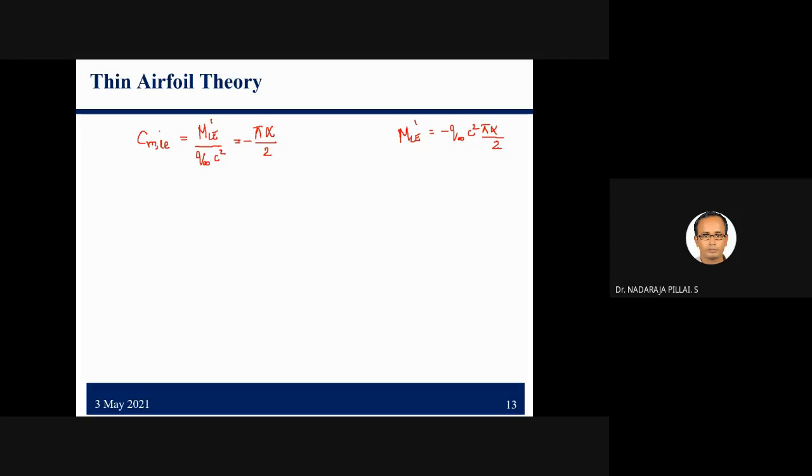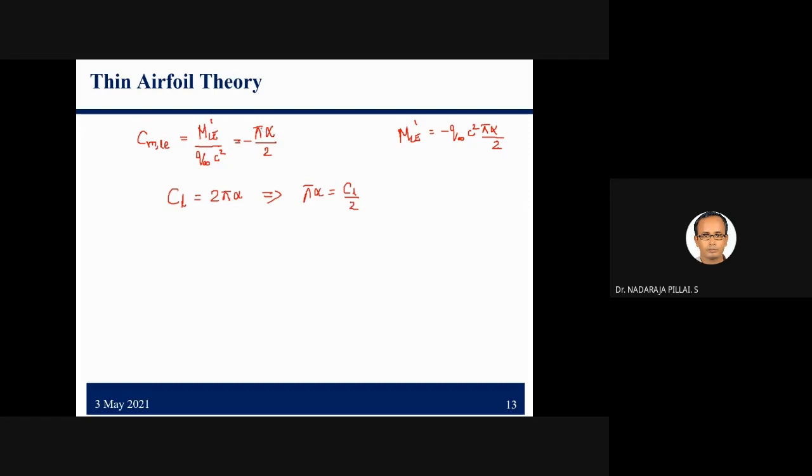Now we will have a small discussion here. So say, from the previous equation, we know CL is equal to 2 pi alpha. So pi alpha is equal to CL by 2, right?